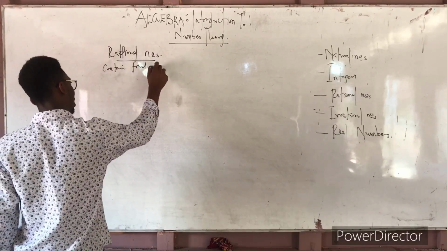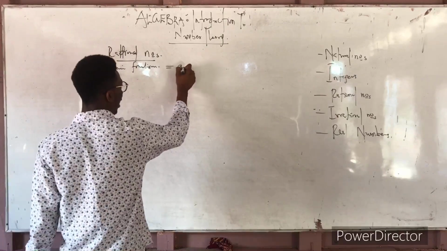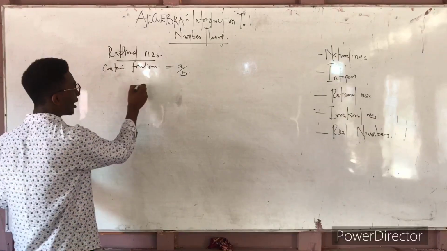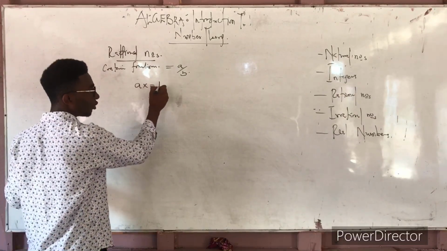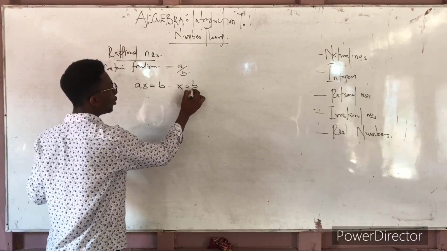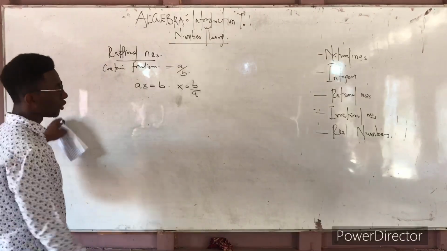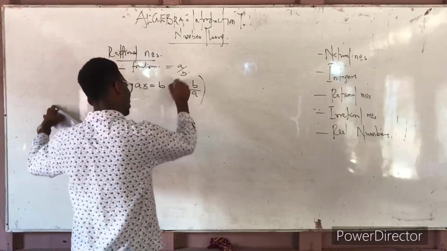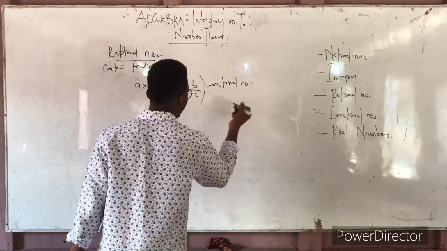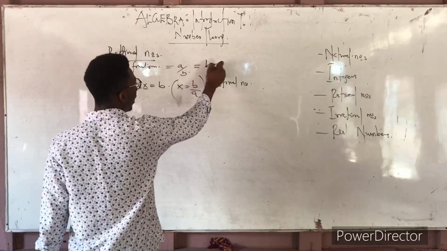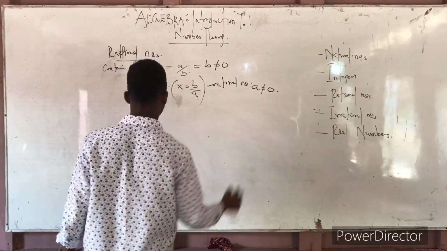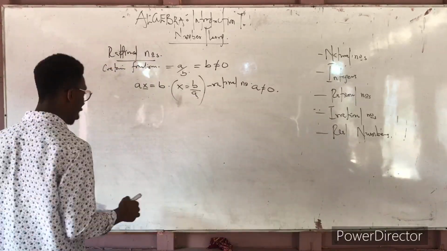So these numbers can be written in the form A on B. And it is out of these numbers we can have equations like AX is equal to B. So to find the value of X, you get X is equal to B on A. And this is a rational number. So now, this works if A is not equal to 0, you get a rational number.